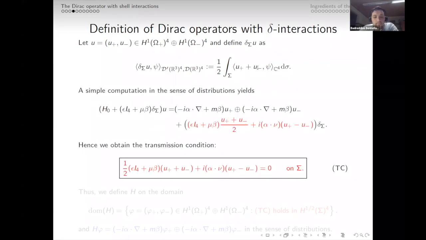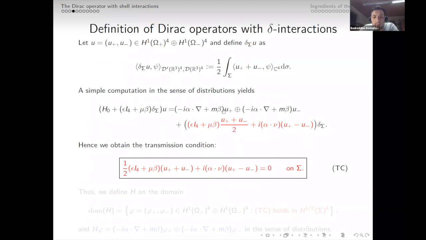And now it is not too hard to check, in the sense of distributions, that the action of this perturbed operator on such a function u is equal to this one. So here we have the action of the free Dirac operator inside the domain omega plus, here the action inside omega minus, okay? And then we have a boundary term, something which lives on the boundary.